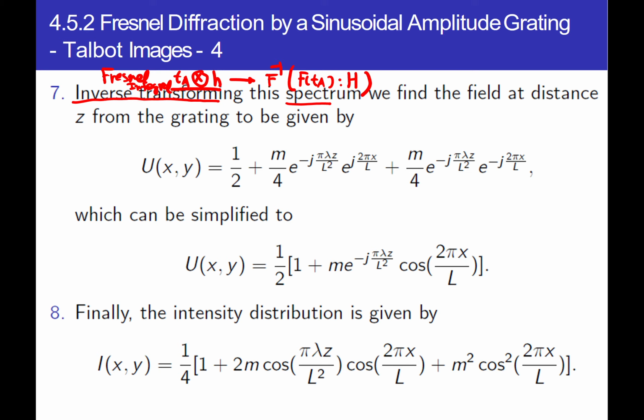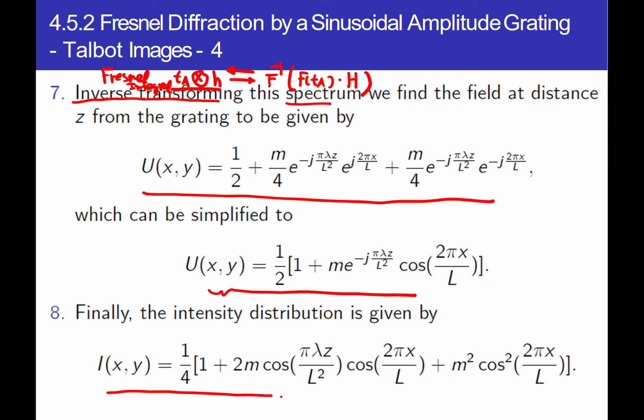We know what they are, we do the inverse transformation, and we get the Fresnel integral, and this is what we get. Furthermore, we get this kind of pattern, and then the intensity is given by this one.